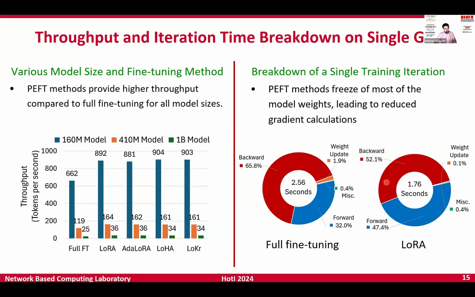The reason for that is during the forward pass, we're going to use all of the parameters, both frozen and active. In the backward pass, to calculate the gradients of the active weights, we need the gradients of the previous activations, right? So this is backpropagation.